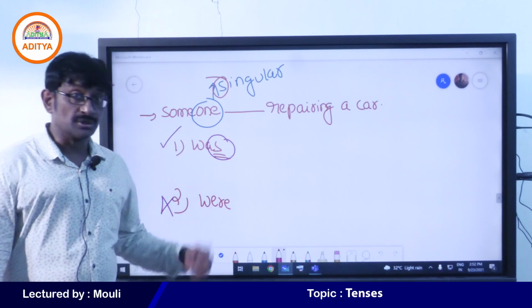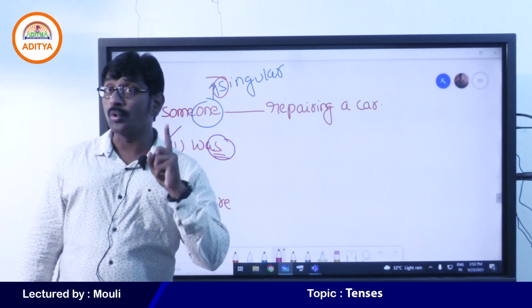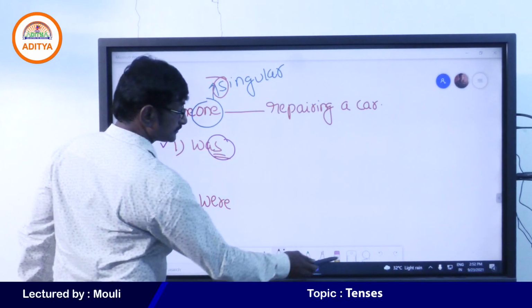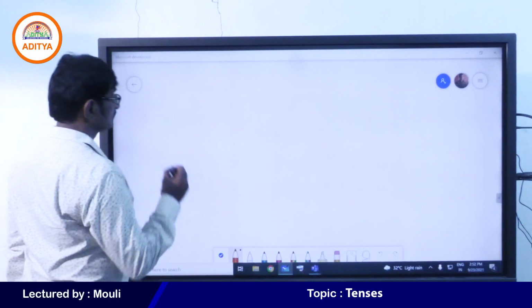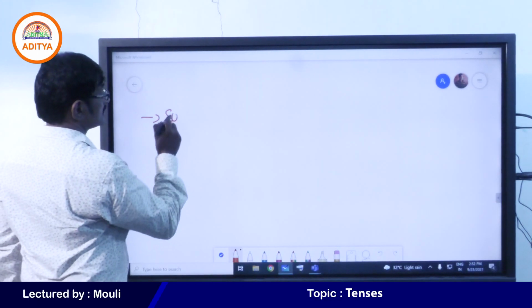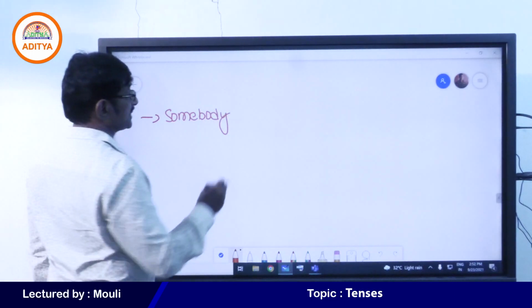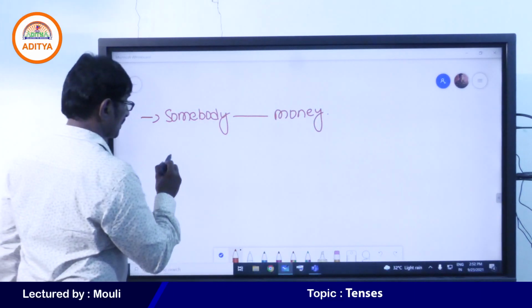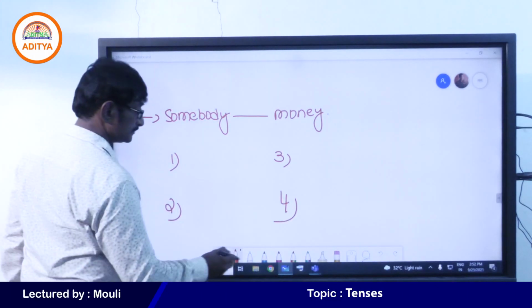Okay, students, did you like this? And I will go for another example now. You hold the responsibility to tell it. Okay, let us see now. Somebody dash money. 1, 2, 3, 4.